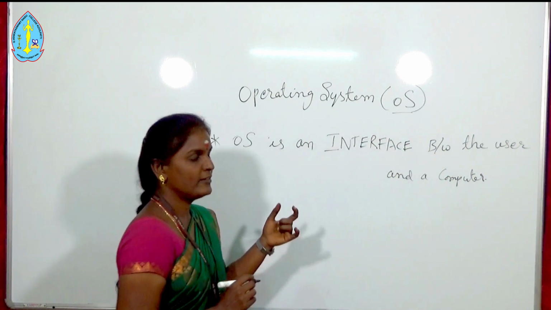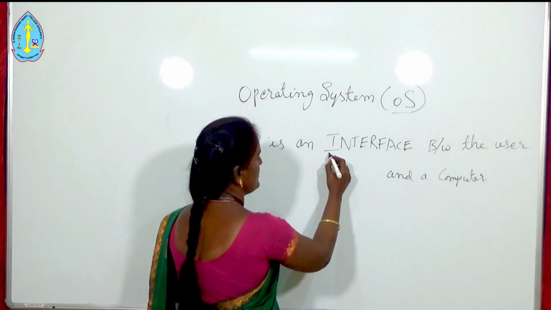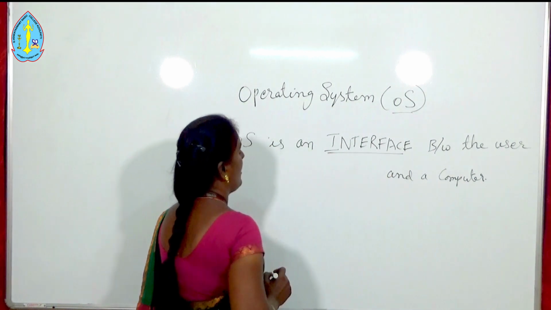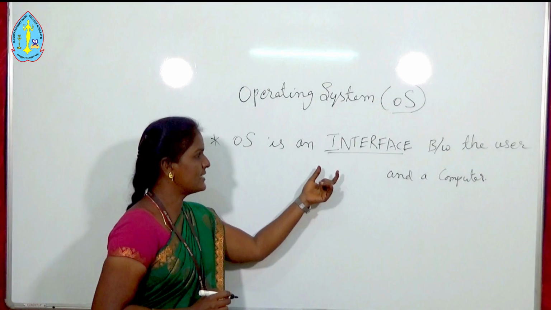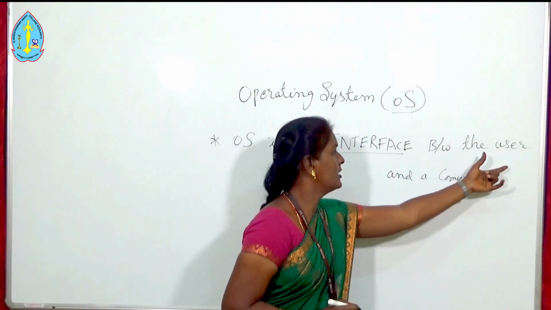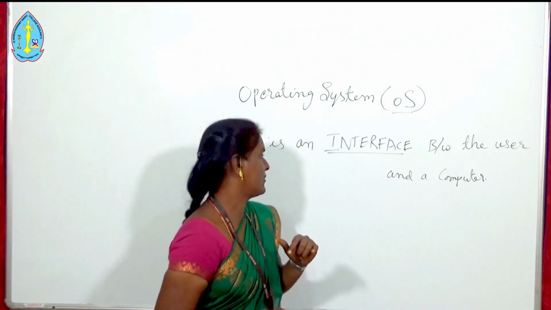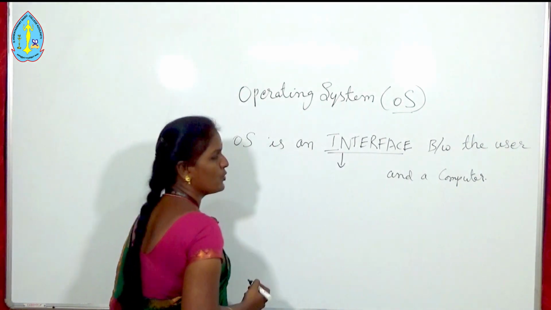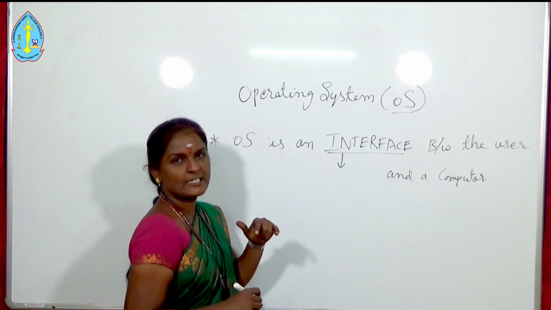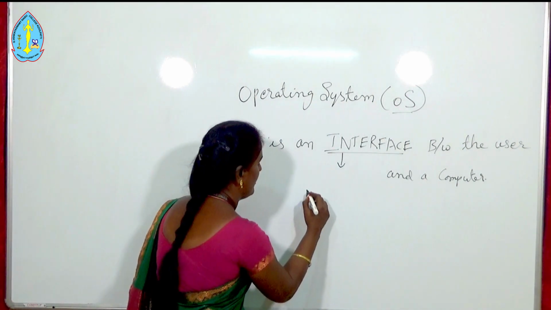I will explain this individual word, that is interface. We are saying that operating system will act as an interface between the user and a computer. For better understanding, I am writing this one.